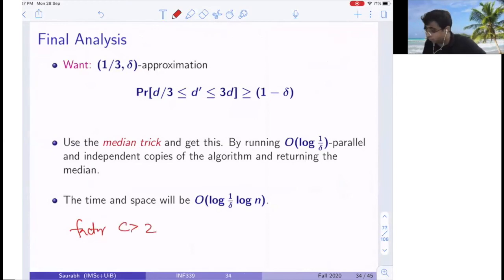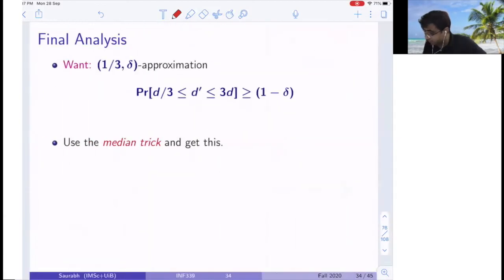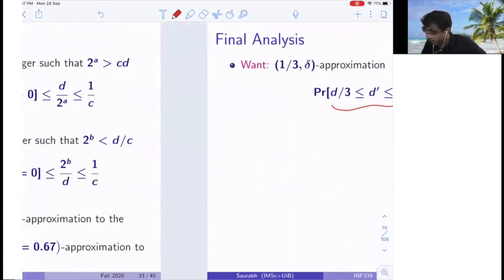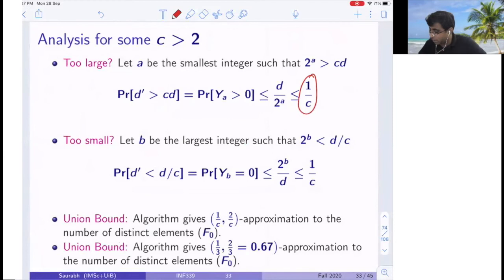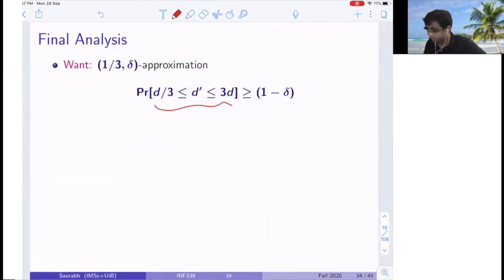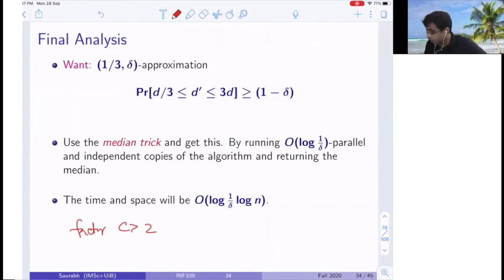Why c greater than 2? Because if you notice here, we had 1 by c, right? So 2 by c comes here. So c has to be more than 2 to make any sense. Okay. This is why c has to be greater than or equal to 2. No other reason. Okay. So for any such c, we can get this. But this is a constant factor approximation.